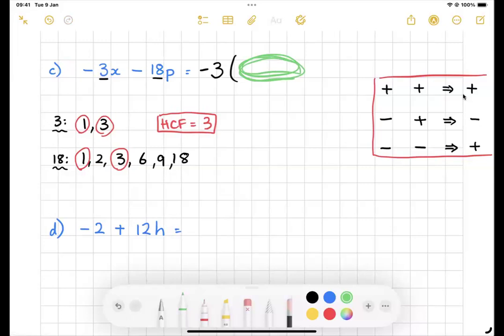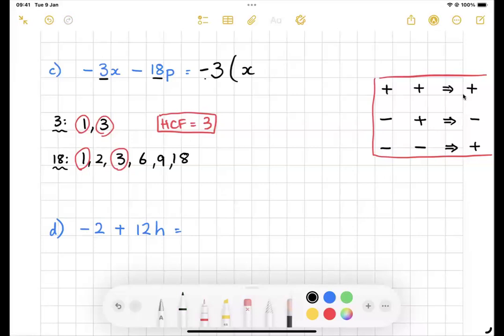In basic terms, I don't want my x to be negative. I want it to always be positive. So in this case, negative 3 times what gives me negative 3x? Well, I took out the negative, so that gives me left over an x. So negative 3 times x gives me negative 3x.